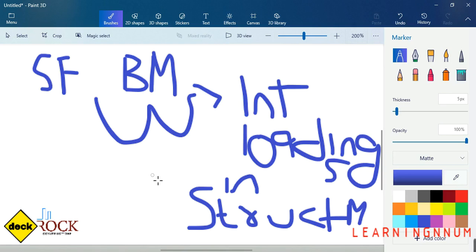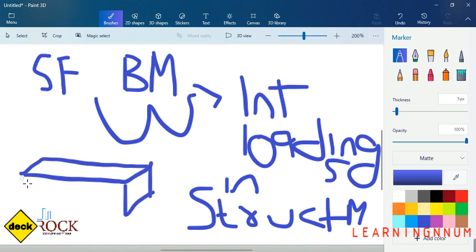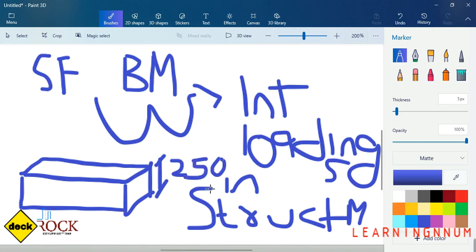Now, I will again explain what proportion means. Suppose this is a beam. A depth I have considered, say 250 millimeters, for this structural member known as a beam.